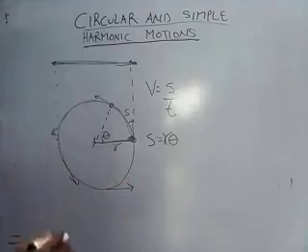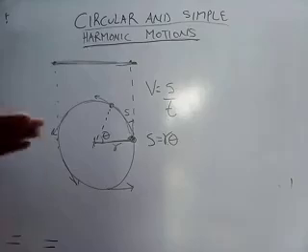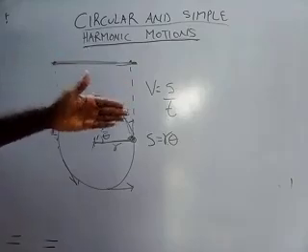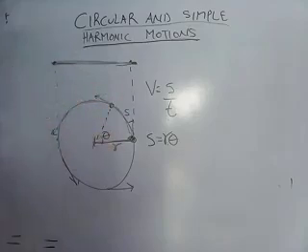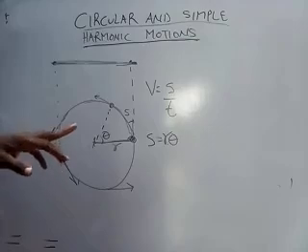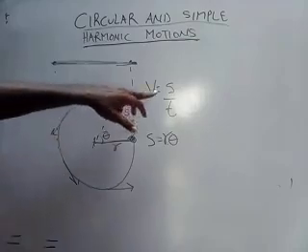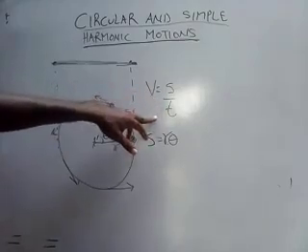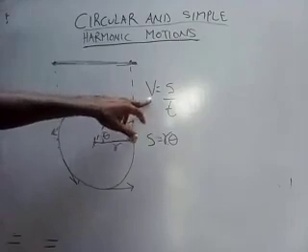There's a change in direction, and because of the change in direction, velocity is not constant. Velocity changes, but speed remains constant. And I've said that velocity is displacement over time, and this changes.